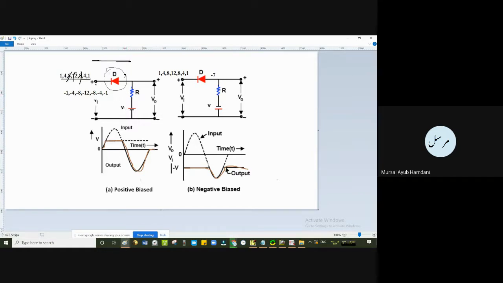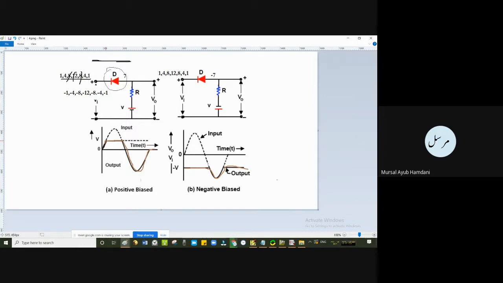As you can clearly see in this figure, when the values are below 7, this V is 7 in our case. So below this value of the input, we simply follow the input, because it will be short circuited, the diode is forward biased.